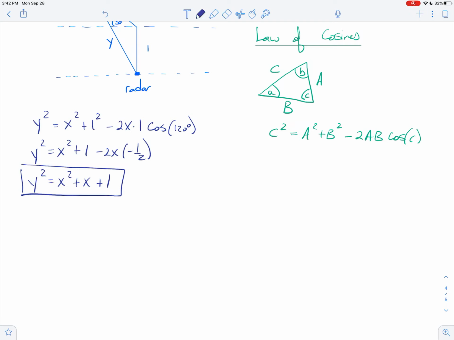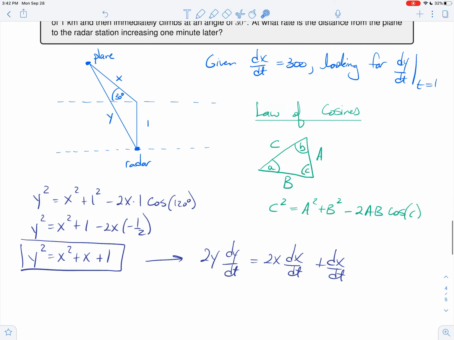And so when I think about that, I get 2y times dy dt equals 2x times dx dt plus dx dt, and then the derivative of 1 is 0. What are we looking for? We're looking for dy dt, so I want to get that by itself. We're given dx dt equals 300.